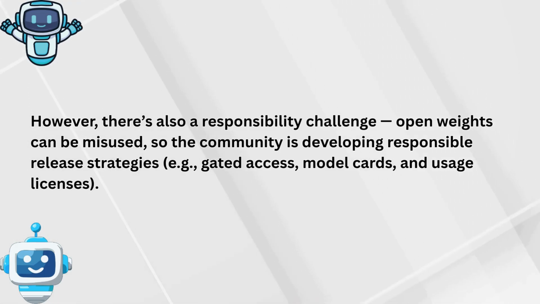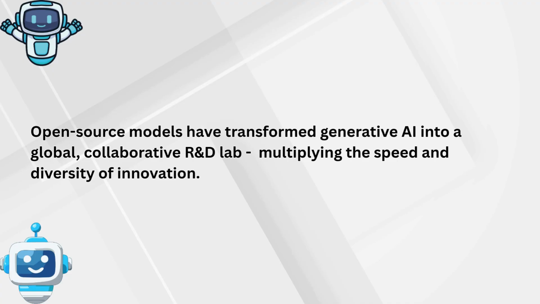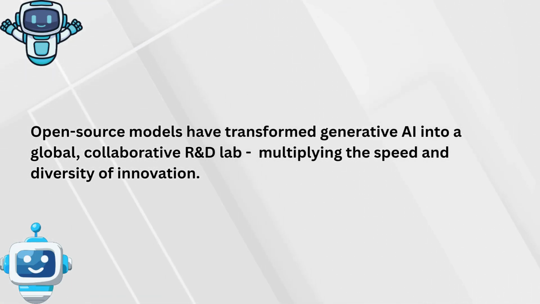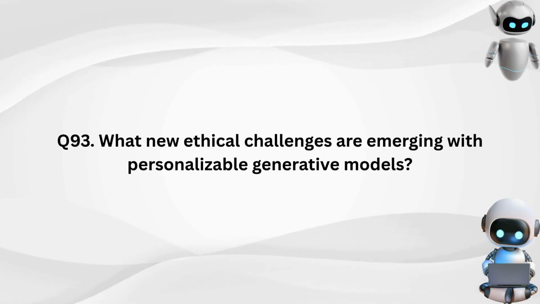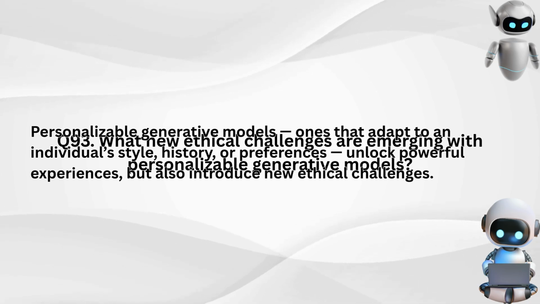Open weights can be misused, so the community is developing responsible release strategies, e.g., gated access, model cards, and usage licenses. Net impact: open source models have transformed generative AI into a global, collaborative R&D lab, multiplying the speed and diversity of innovation. What new ethical challenges are emerging with personalizable generative models?